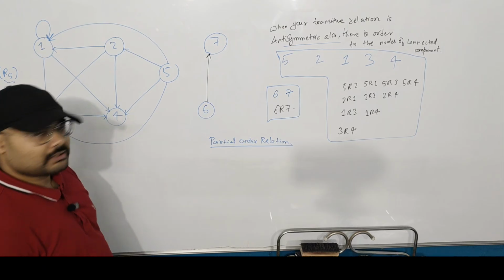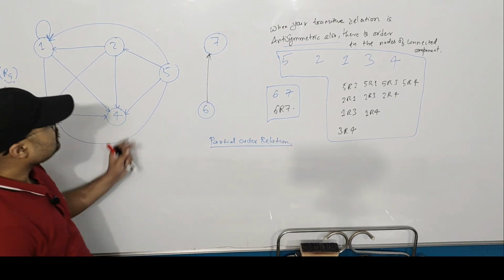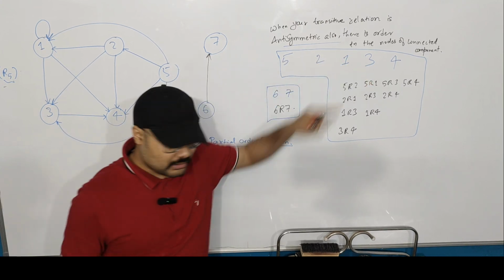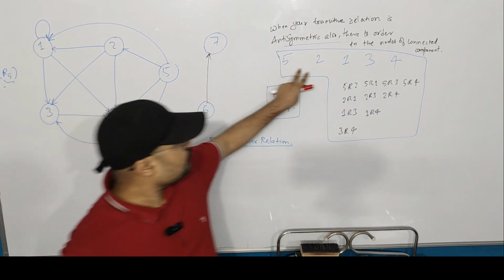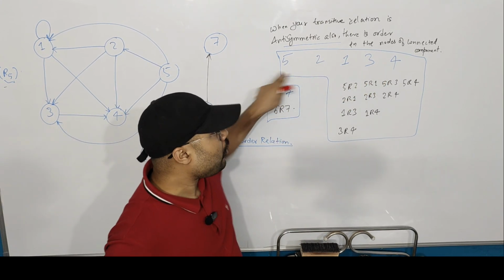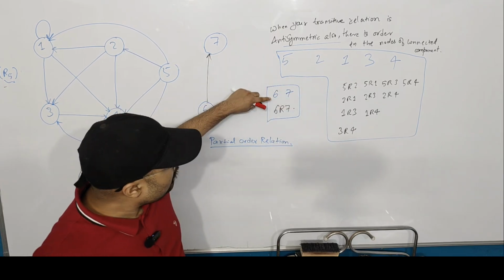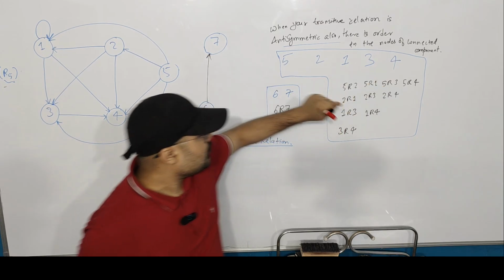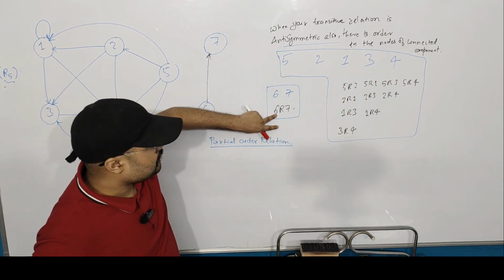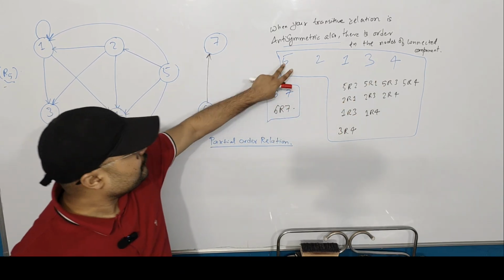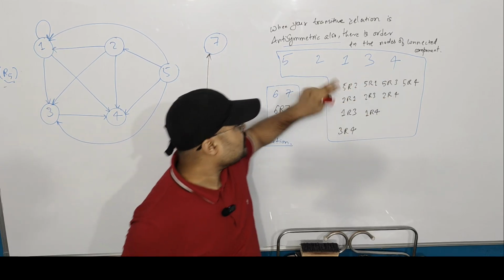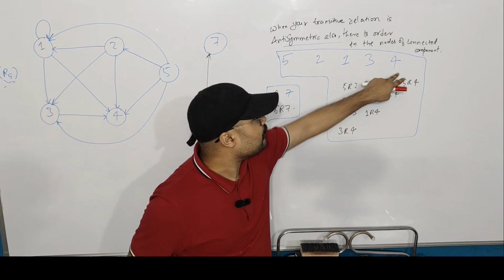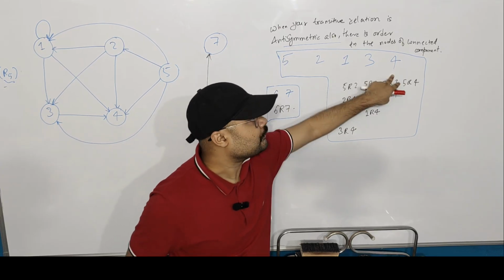Because there is order in some parts of the nodes, in the connected components. For all nodes, there is no order: there is no relationship between 6 and 7 and any of the nodes here, but within 6 and 7 there is an order, that 6 is related to 7. Similarly, within this set of nodes there is an order, that 5 is related to every other node, 2 is related to 1, 3 and 4, 1 is related to 3 and 4, 3 is related to 4.